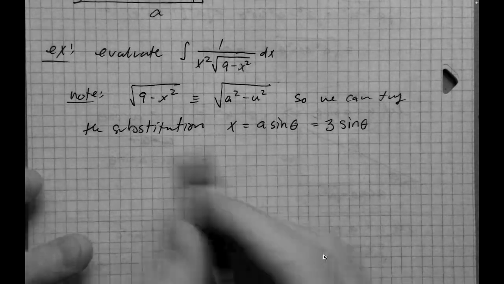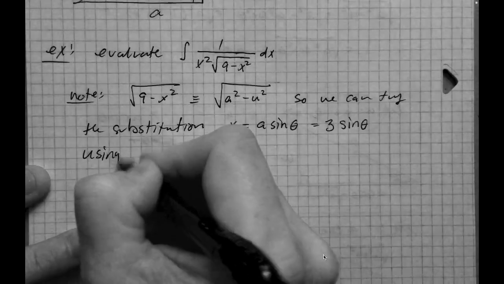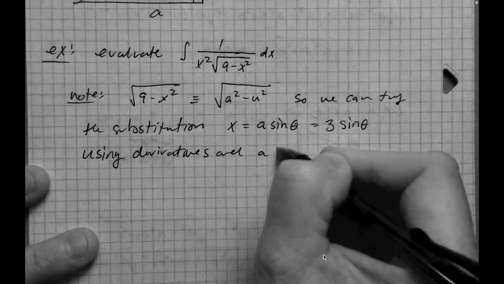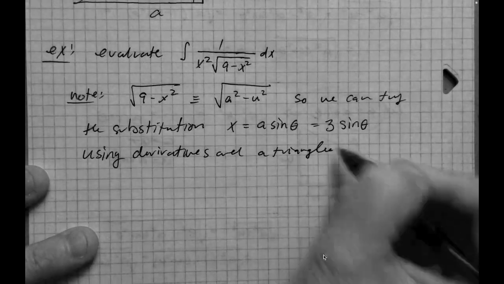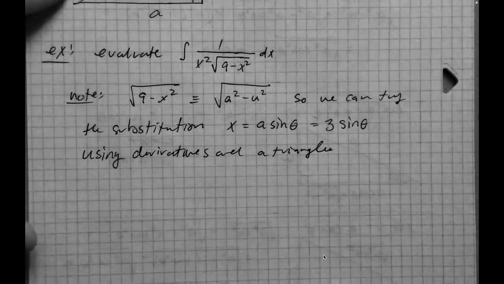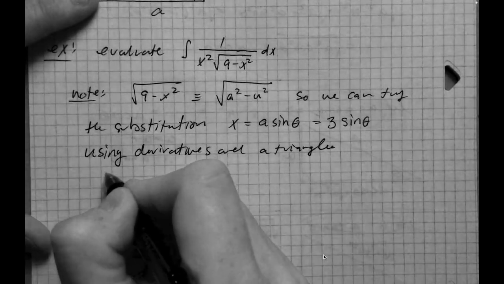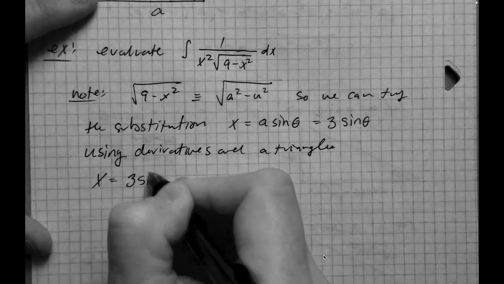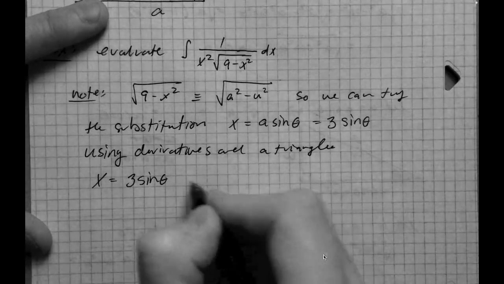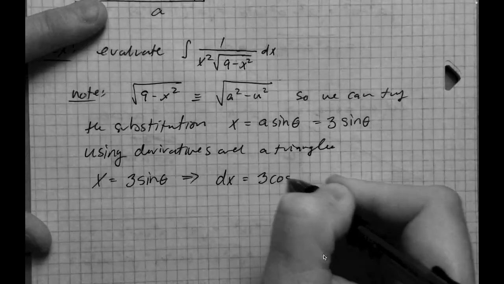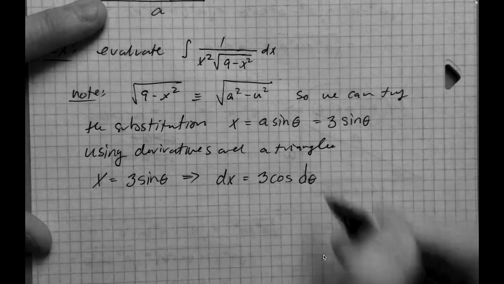Basically, using derivatives and a triangle, we can spin up a bunch of substitutions that are valid here. So we've got x equals 3 sine of theta. Well, that implies the derivative dx equals 3 cosine theta d theta.